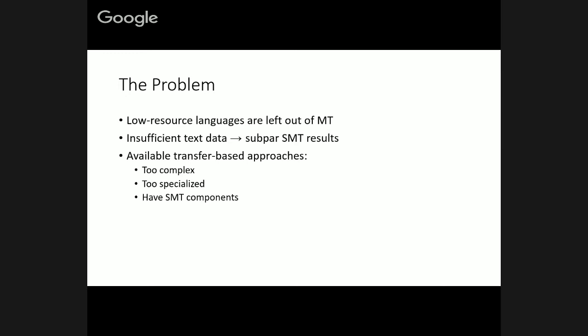So you kind of have to use a different approach, a transfer-based approach. And so I looked around, did some research of what is out there right now for doing machine translation using a rule-based system, kind of writing rules to do the machine translation. And most of the systems are too complex or too specialized, or there's a lot of statistical needs built into those, even though they're not supposed to technically be that.